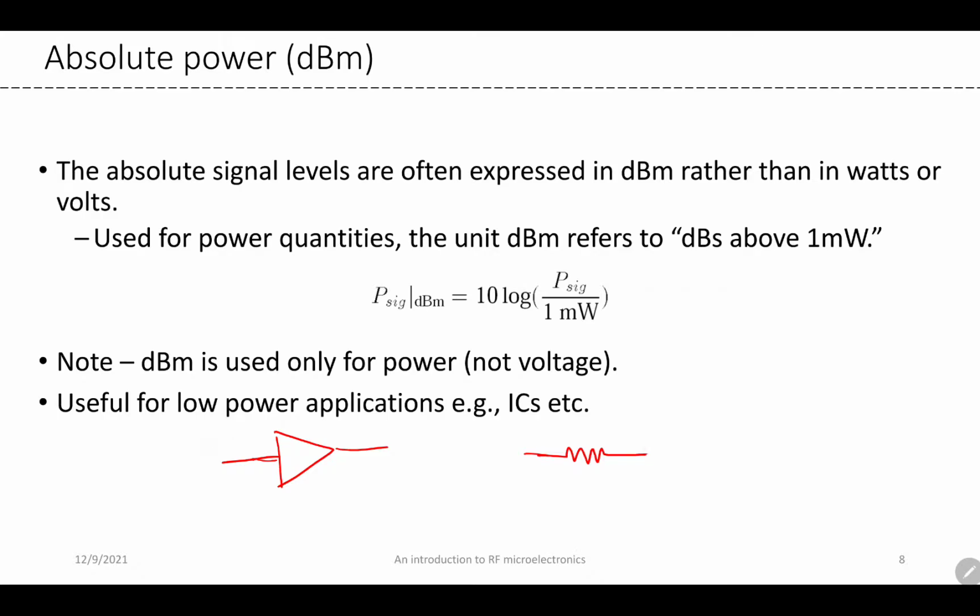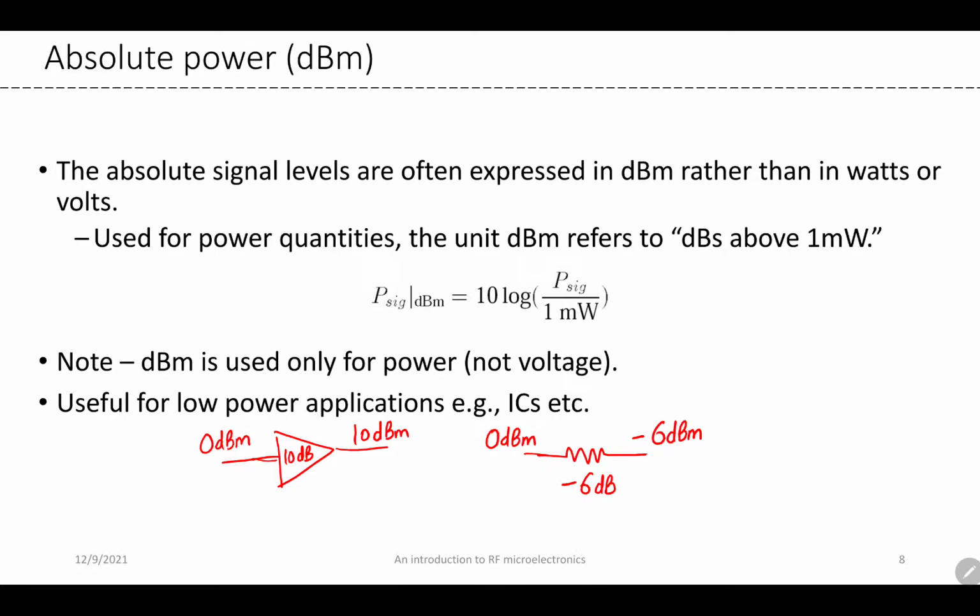For example, we say you have 0 dBm at the input and the gain is 10 dB, or the attenuation is -6 dB. As we mentioned, minus means loss, and you supply, say, 0 dBm at the input. Now you can simply add. So 0 dBm plus 10 is 10 dBm. 0 dBm minus 6 dB is -6 dBm.